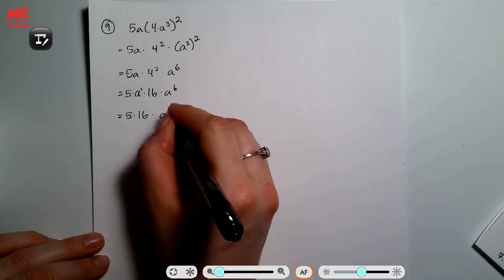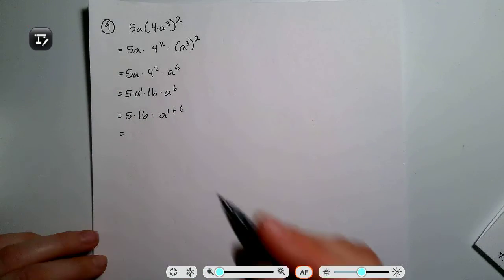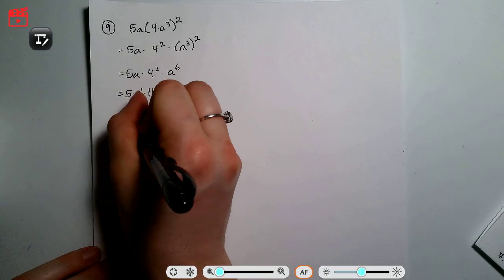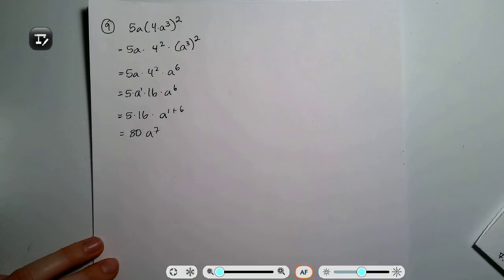That was a 1, plus, and that was a 6. So this is going to be 5 times 16, which is, I believe, 80. Let me check that on my calculator. It is indeed 80. 80 times a to the 1 plus 6, 7 power.